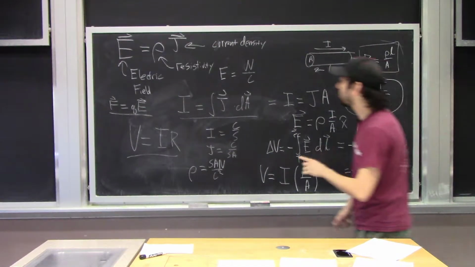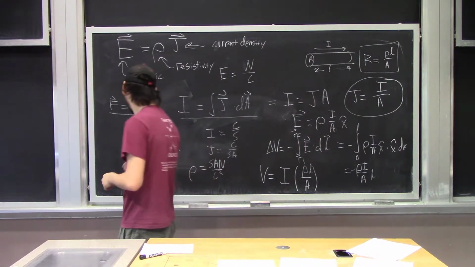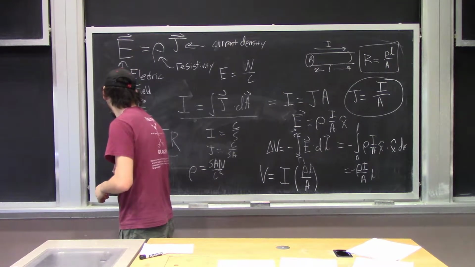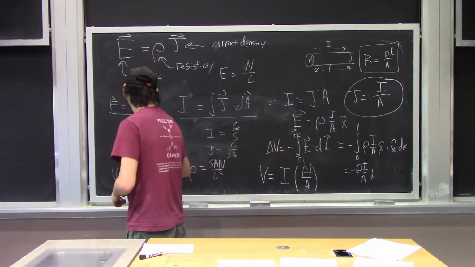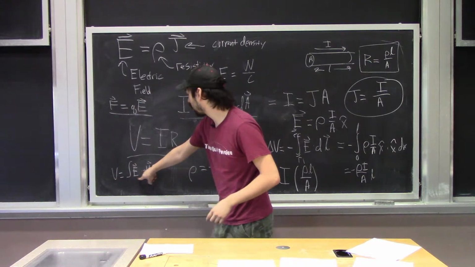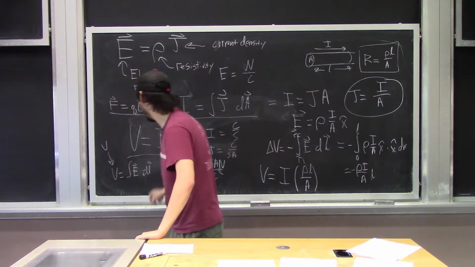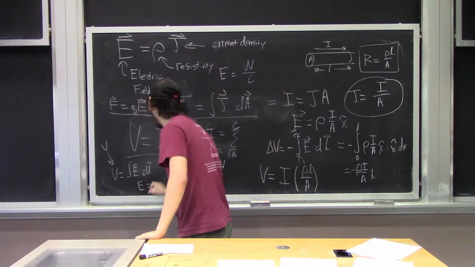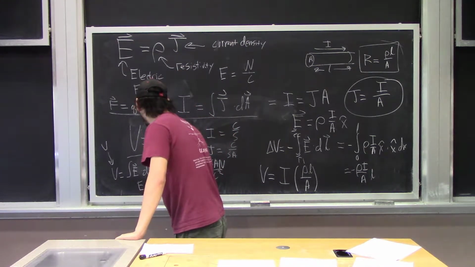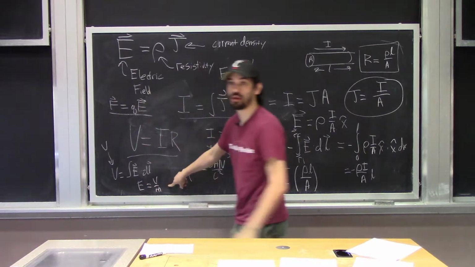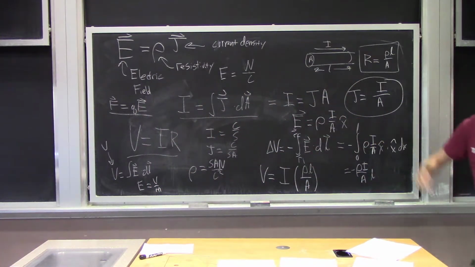So you could write this instead and say that because V is equal to the integral of E dot dl, if this has a unit of volts, the electric field is going to be in units of volts per meter. Okay, and then you can write this in terms of volts instead if you wanted to.